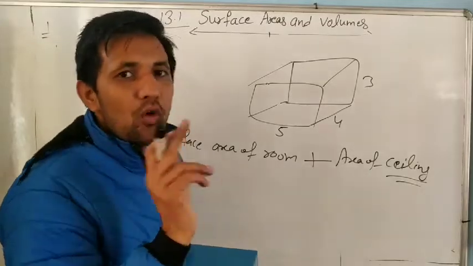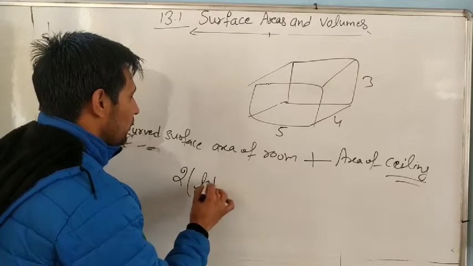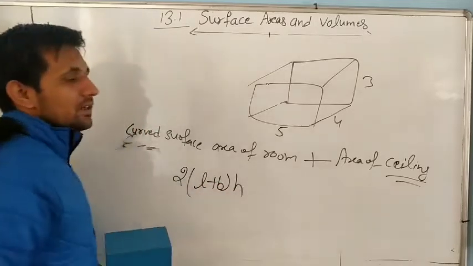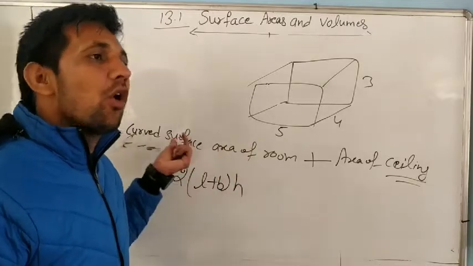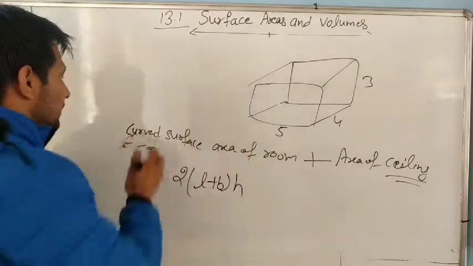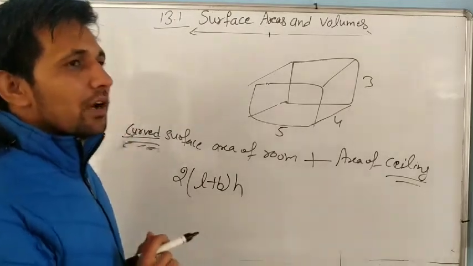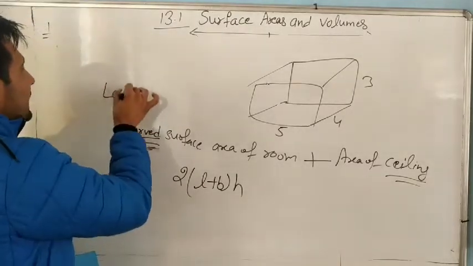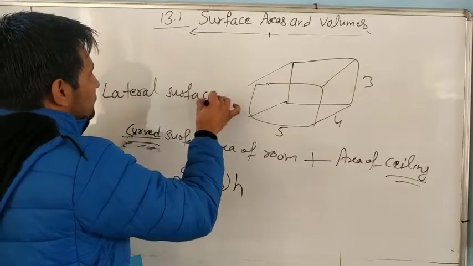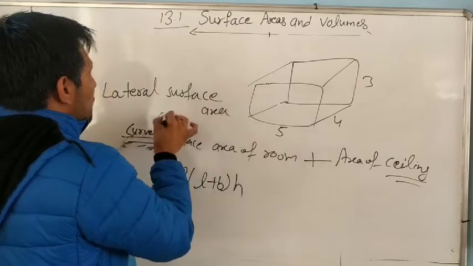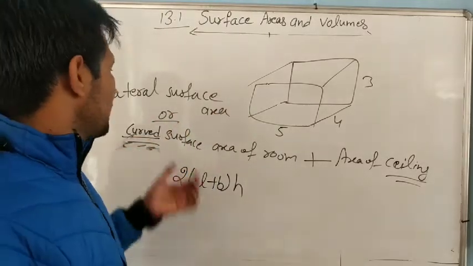The area of four walls in a cuboid is 2 into (L plus B) into H. Area of four walls, curved surface area and lateral surface area are all the same.